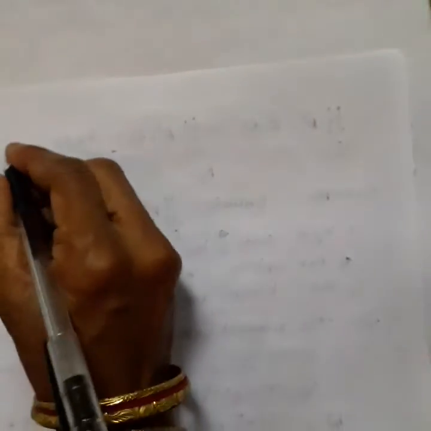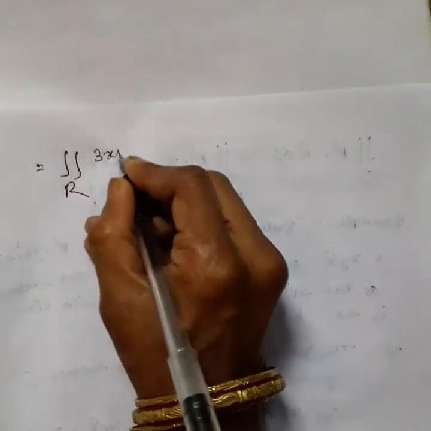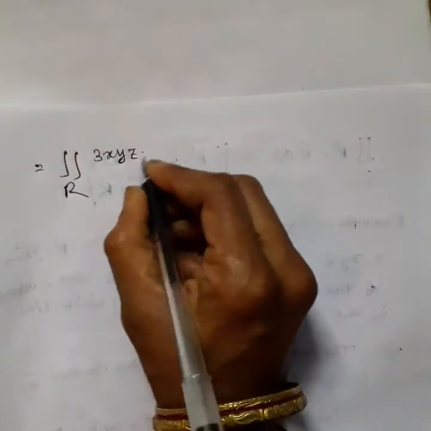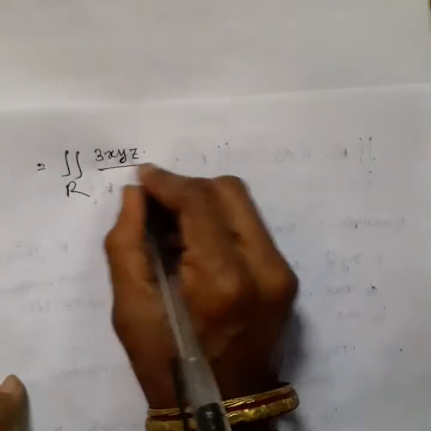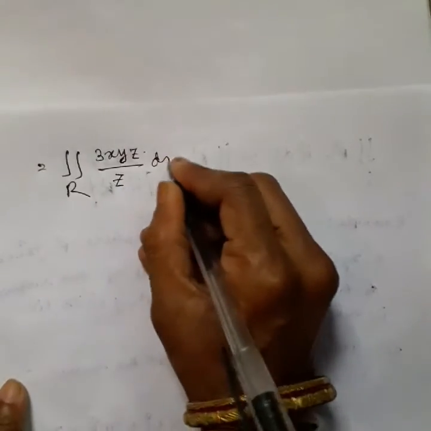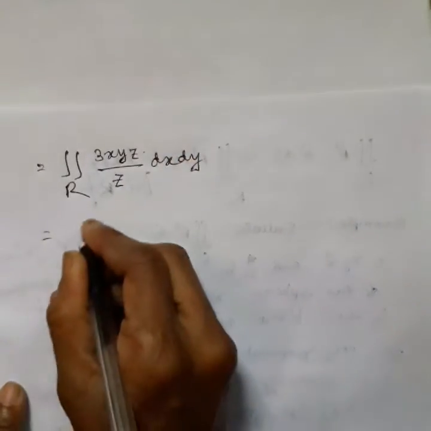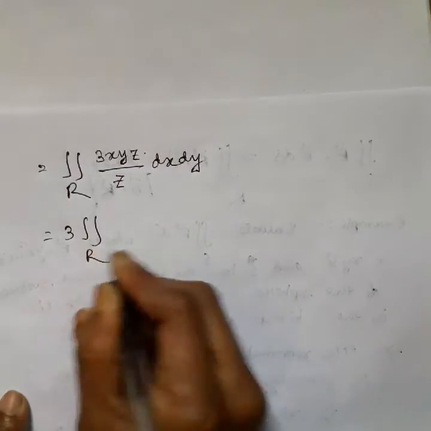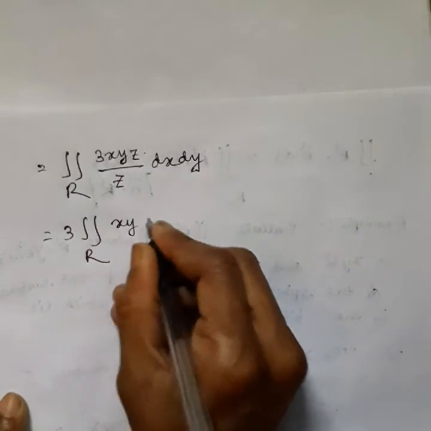Okay, so if we put here all these values, this will be double integration over R 3xyz by z dx dy, that is equivalent to 3 into double integration over R xy dx dy.